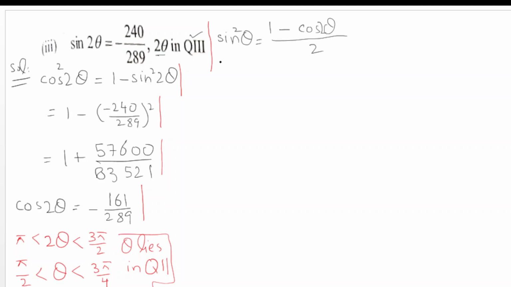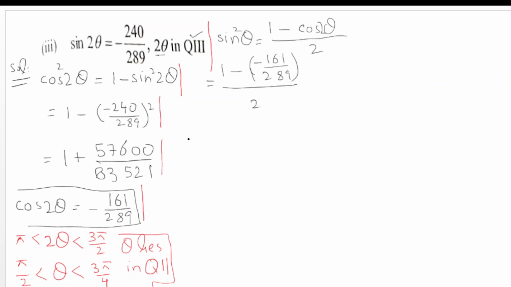Okay, but it is in the square form. So now we'll put the value of cos 2 theta as we already found, that will be negative 161 by 289. Okay, as we already found. So 161 by 289. Okay, it is given to us like this.